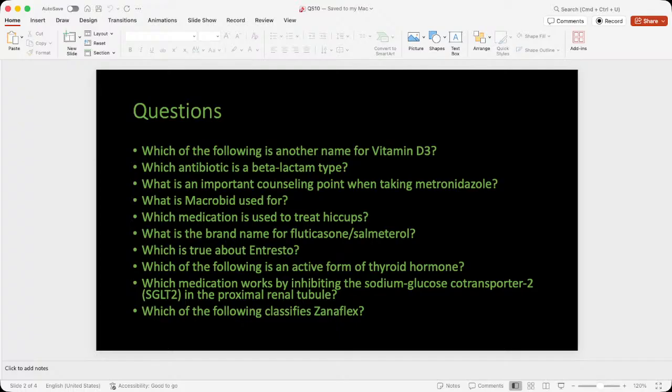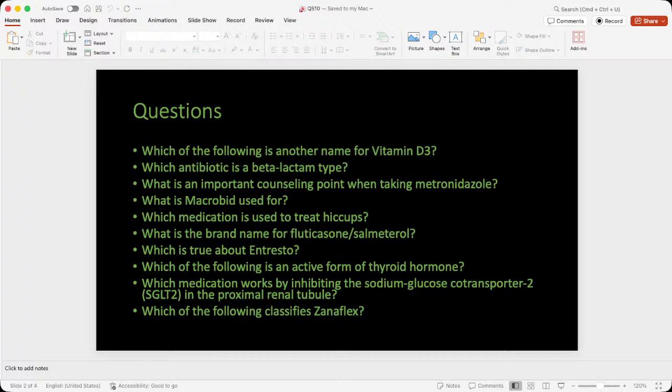The third one is regarding a counseling point, so consultation. When taking metronidazole, what is an important counseling point? Now, there could be different counseling points on the exam. They might ask you which of the following is true. Obviously, there are other important counseling points for metronidazole, so make sure you choose all of those answers as well.